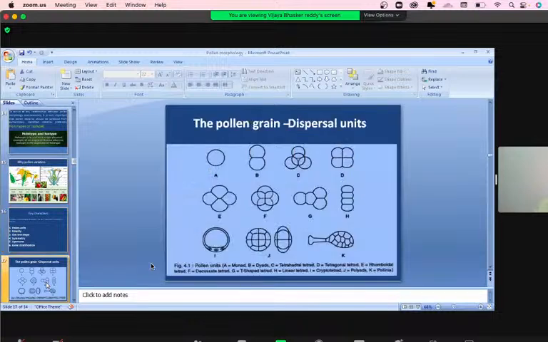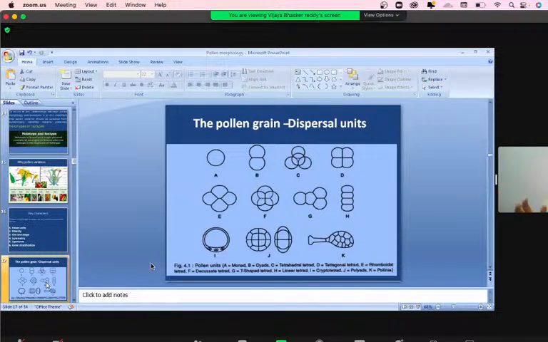So coming to the pollen units, I told you in the beginning, once the anther gets to maturity, pollen grains, due to meiotic division, each meiotic division leads to the formation of 4 cells, and after maturity, they either release from the anther by separating from the tetrad as a single, or in combinations of 2, or combinations of 4, or else the 4 cells divide further to a double number and release from the anther lobe.